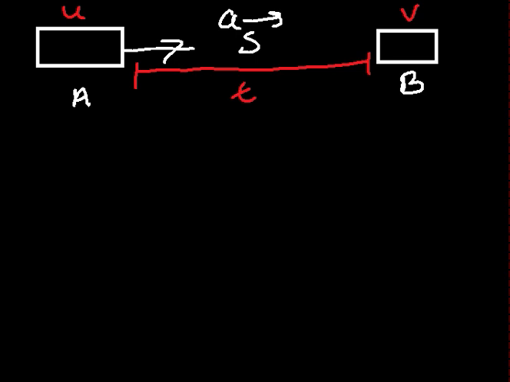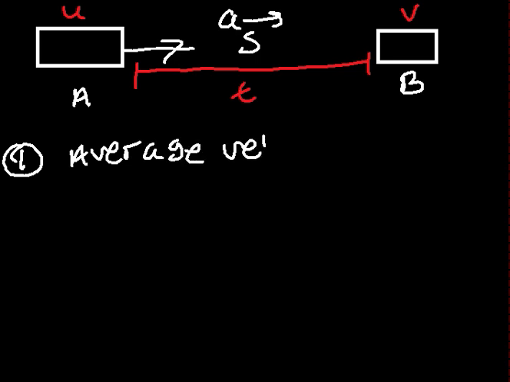Now the first equation you should understand is the average velocity, which is symbolized as v bar. So what is the average velocity for the journey?